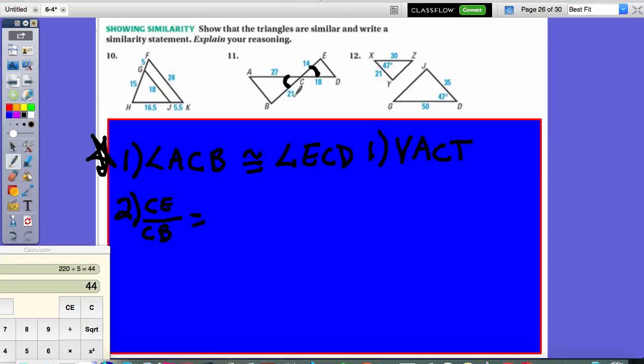The longer one on the first triangle, CD, is going to correspond to the longer one on the second triangle. So let's see here. CE is 14. CB is 21. CD is 18. AC is 27.